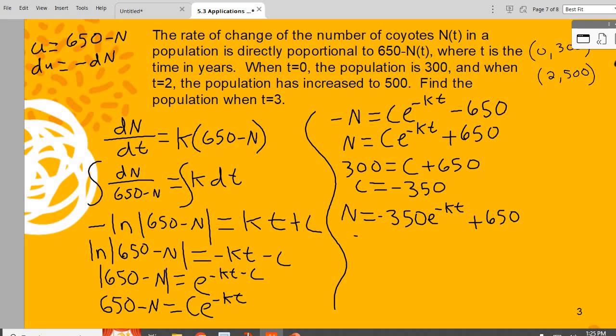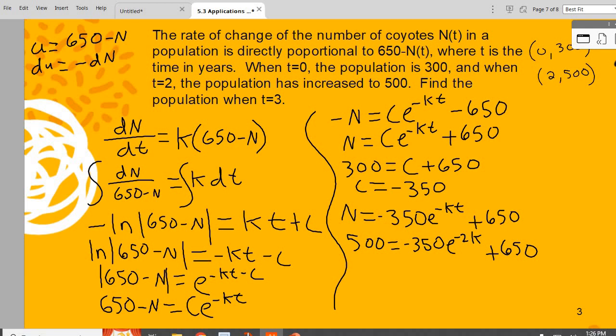So we're going to use that second point. So 500 equals negative 350 E to the negative 2K plus 650. What do we want to do first? Subtract the 650.